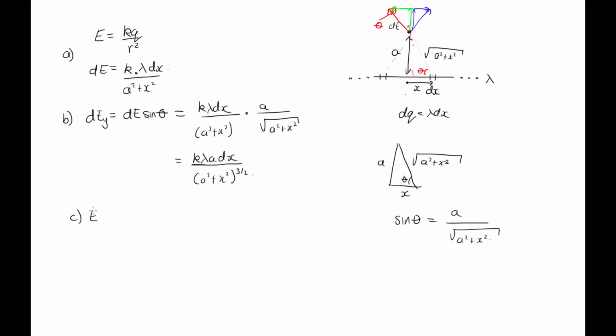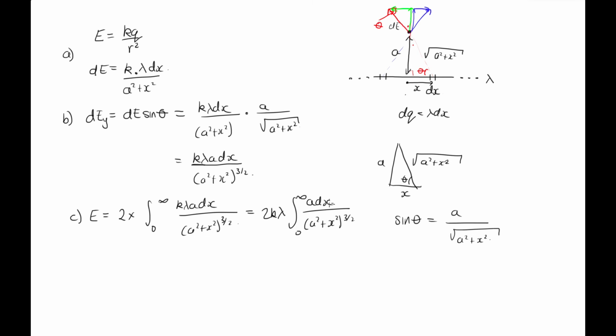So E is going to be equal to 2 times the integral from 0 to infinity of k lambda a dx over a squared plus x squared to the 3 on 2. And so we can write this as 2k lambda times the integral of a dx over a squared plus x squared to the 3 on 2 from 0 to infinity.